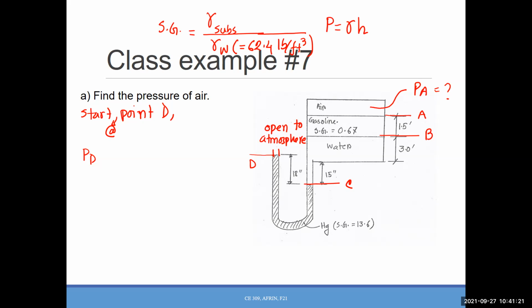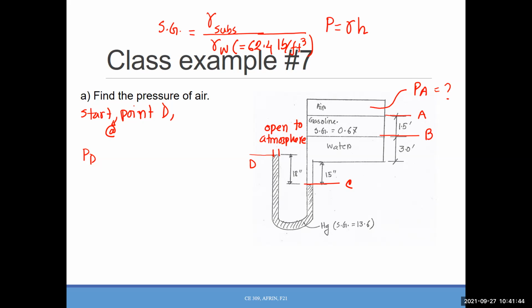Now from this point, you are moving into here, right? So here, you are actually adding this amount of fluid. It's below, and that's why you are adding that, because the pressure at that point is the pressure here plus this amount of pressure, right?